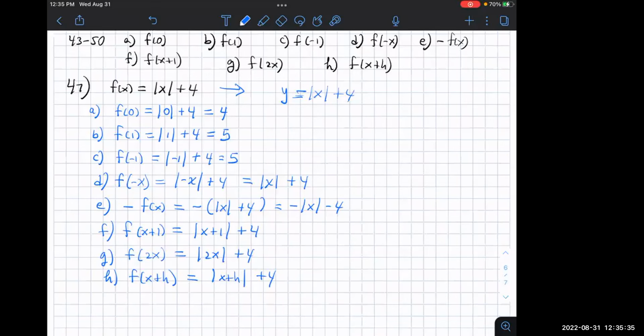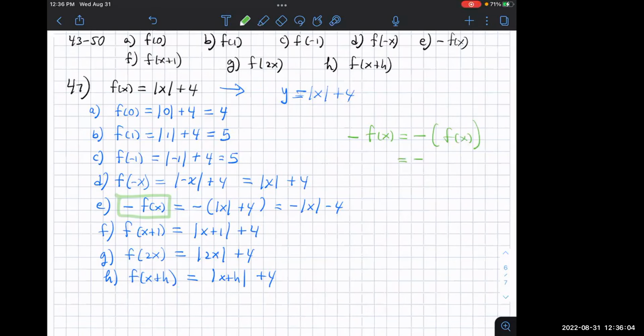Wait, can you go over the letter E real quick one more time, please? Yes. So E, you see, if you have a negative in front, that doesn't mean that the expression is negative. So I usually just say the opposite. So this one means the opposite of f of x.